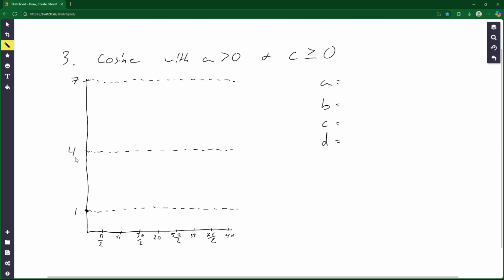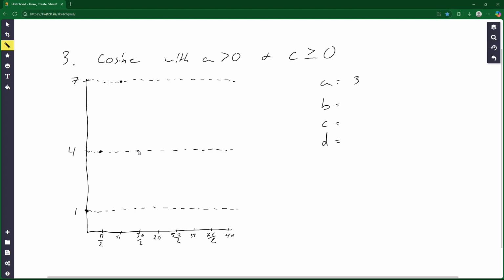So our amplitude is between 4 and 1. That's going to be 3. Let's just go ahead and put down 3 for now, but A does have to be greater than 0. So there is no negative here, meaning we're probably going to have a phase shift somewhere in this graph. So here, pi over 2, intersecting there, going up to pi, point there, back down.